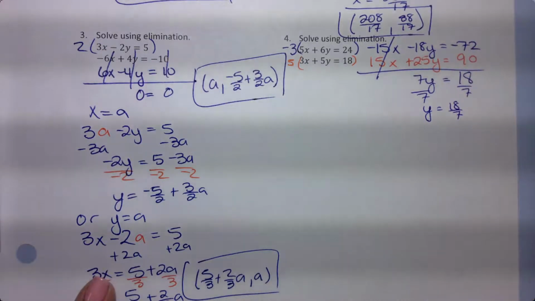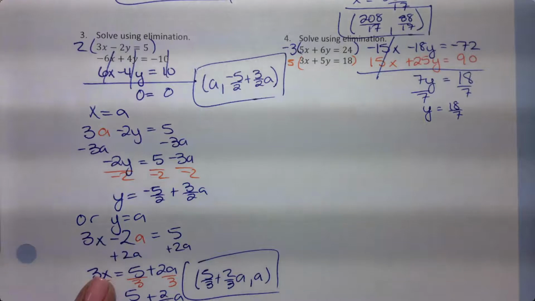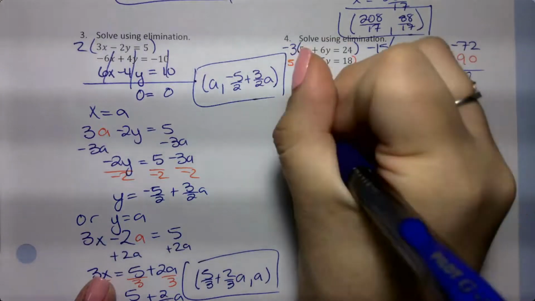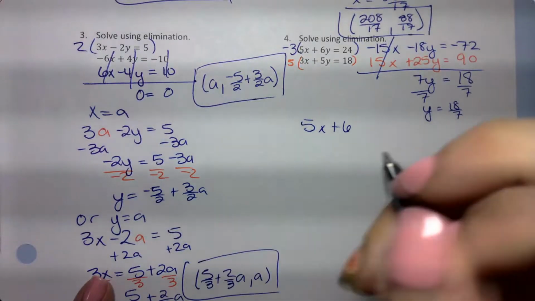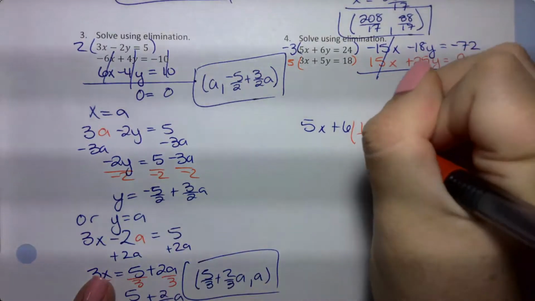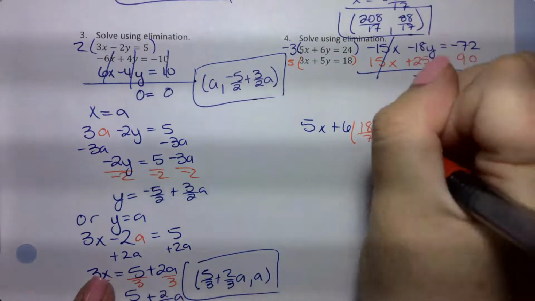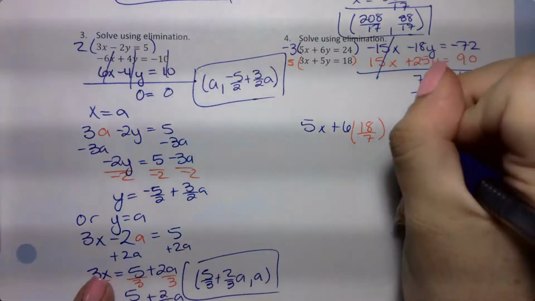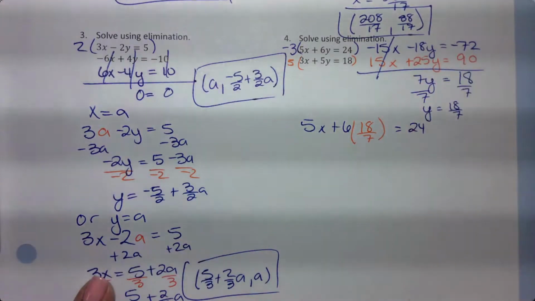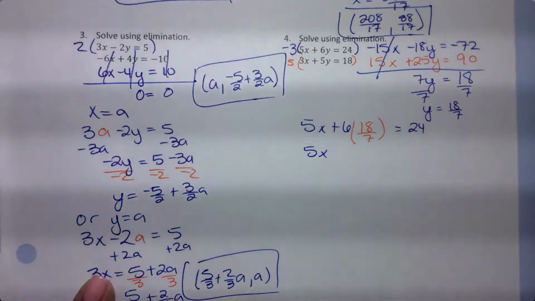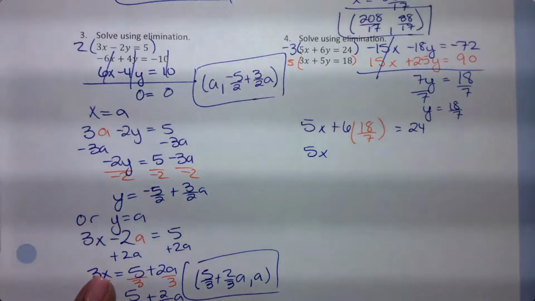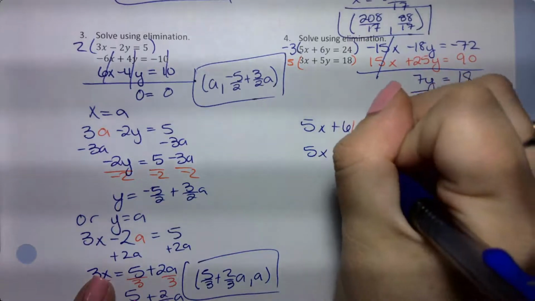I want to plug back in. I'll plug into the first equation. I want to go ahead and multiply. So that's going to give me 108 over 7.